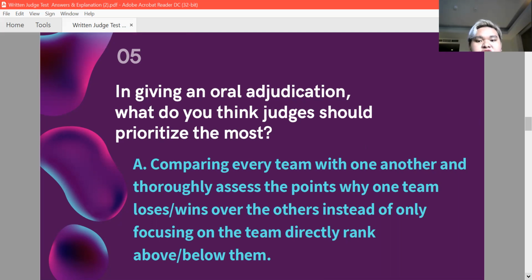The more complex the clash between those teams, the more time needs to be allocated to making a comparison and explaining it to the debaters. So yeah, that's the wise way for you to do time allocation in giving an OA.